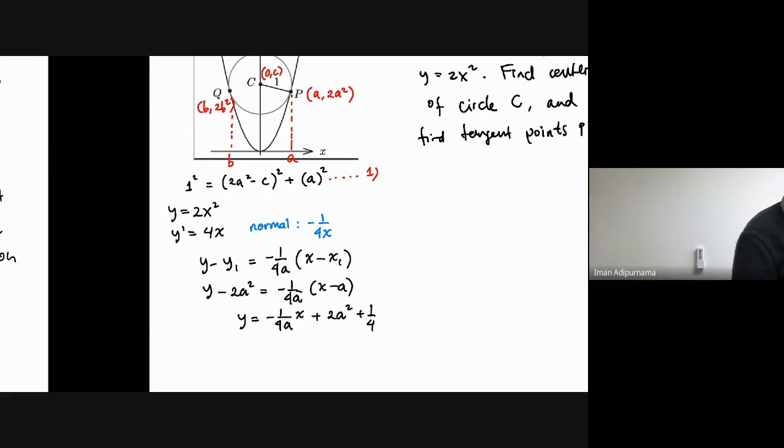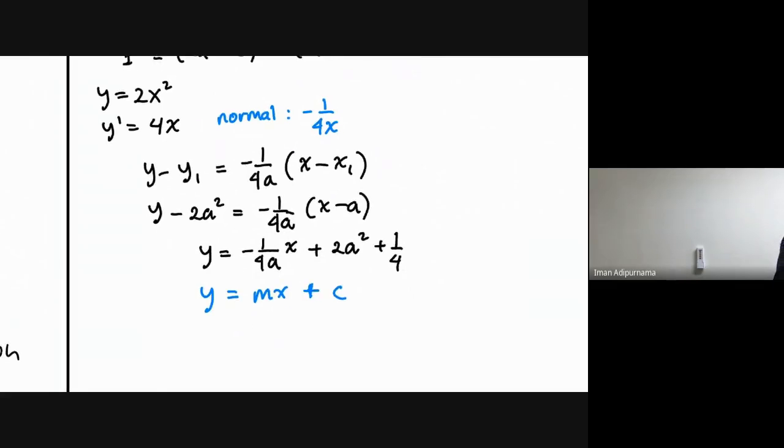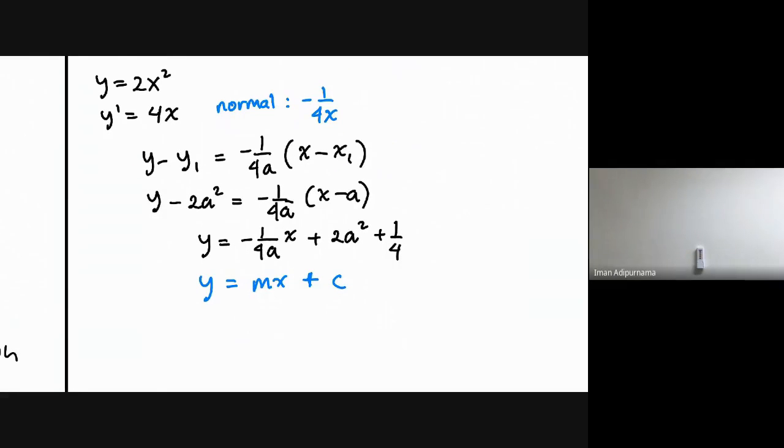Or we can also write this as mx plus c, right? Okay, let me make it bigger. And now we also know that the point C is (0, C), right?